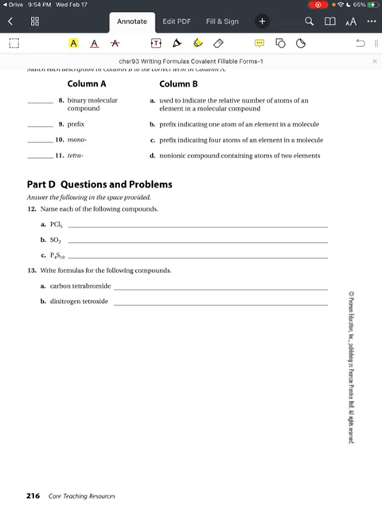So 11 is C. So 8, 9, 10, 11 would be D, A, B, C.